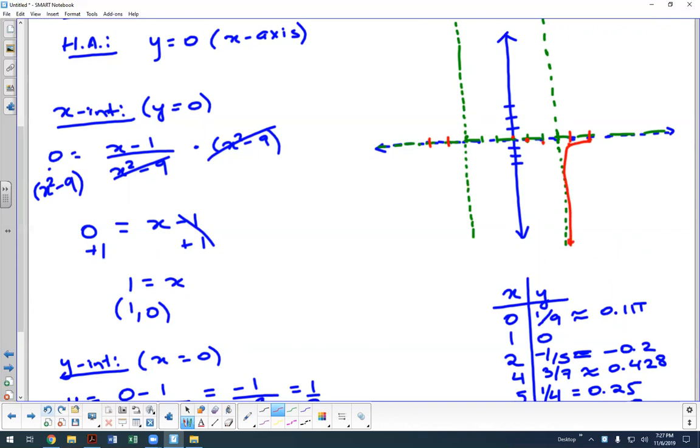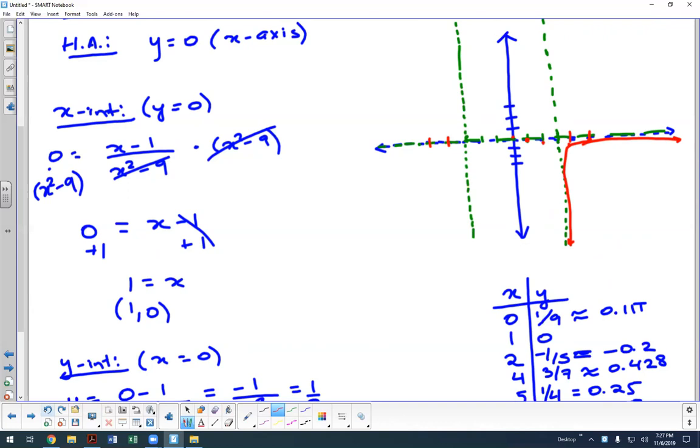It's not supposed to touch or cross it. On the x-axis side, it will get closer and closer to the x-axis, but not touch or cross.